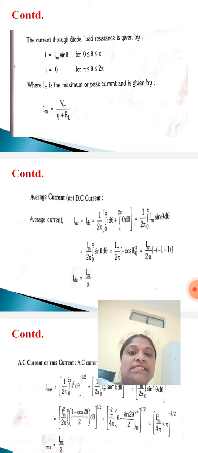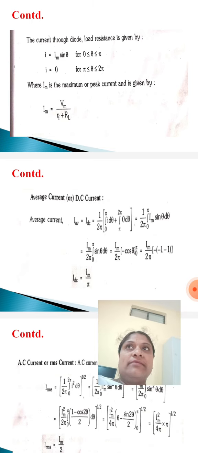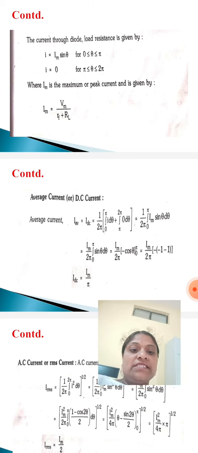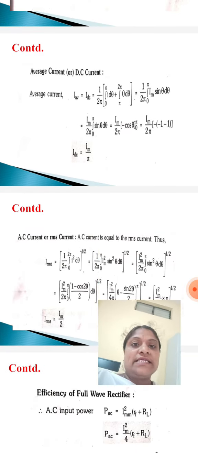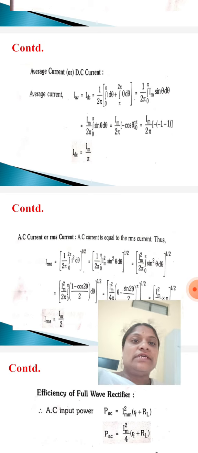That implies you can split the limits into 0 to pi and pi to 2pi: 1/2pi integration 0 to pi of i d theta, plus integration pi to 2pi of i d theta. For pi to 2pi there is no current flow, the current is 0, so that term is 0 d theta. So that is equal to 1/2pi integration 0 to pi of i d theta.